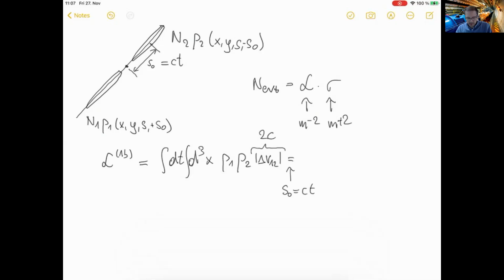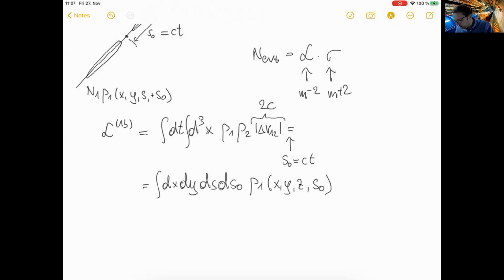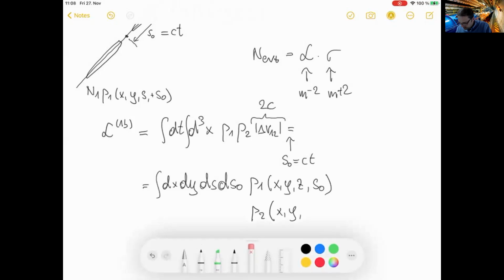So let's rewrite this integral: dx dy ds ds0, a four-dimensional integral times rho 1, and we assume the density depends on the spatial coordinates x, y, z, and s0, and the second bunch is, I'm sorry, there's a mistake, minus s0.